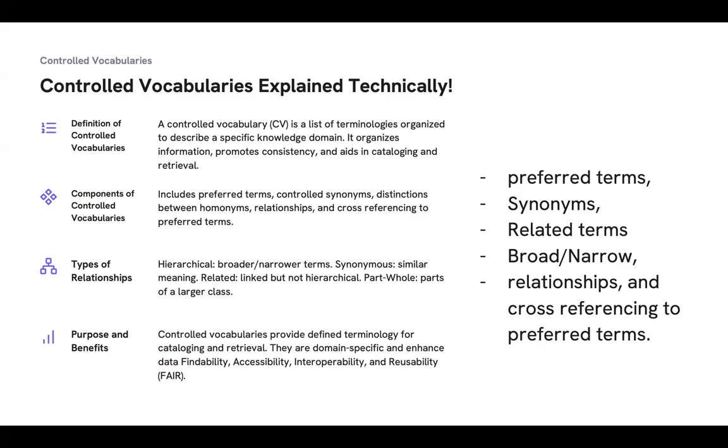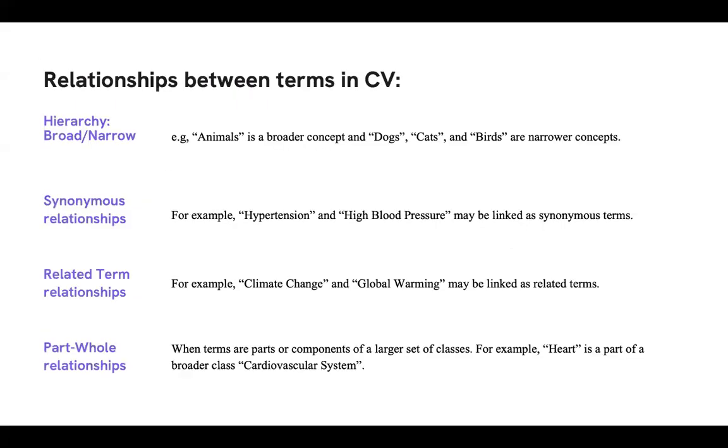Some of this you will see when we come to the practicals. But I'm just saying when we talk of controlled vocabularies, keep in mind these four things, please. The hierarchy, that means, as an example, animal is a broader concept, but all of these, dog, cat, and bird, are narrower concepts.